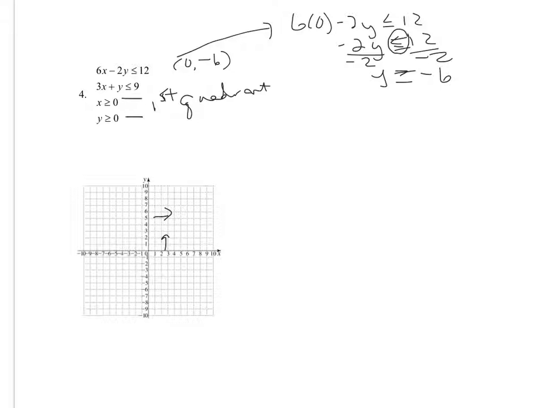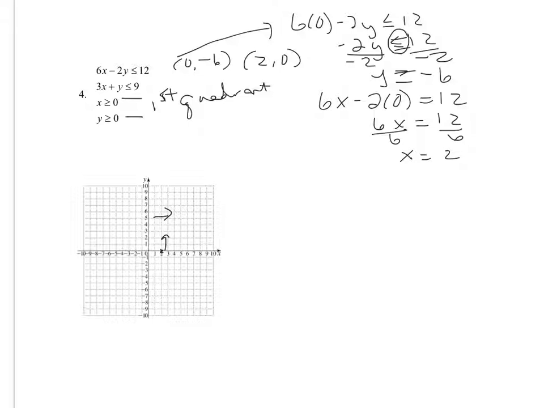Now to find the x-intercept, we have to put in 0 for y. So we'll have 6x minus 2 times 0 equals 12. And 6x would equal 12. When I divide each side by 6, that gives me x equals 2. So I'm also going to have the ordered pair 2, 0, and that will tell me that I have this point right here, and 0, negative 6 is down here.